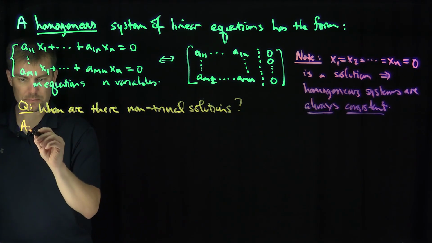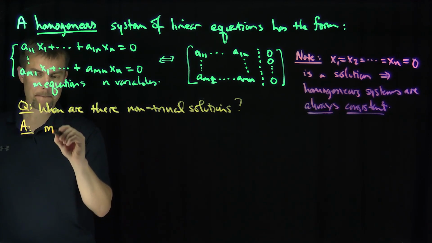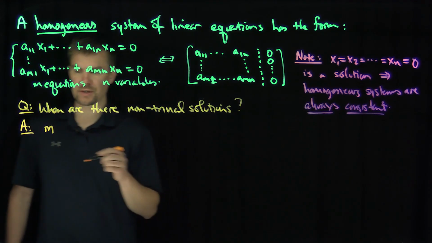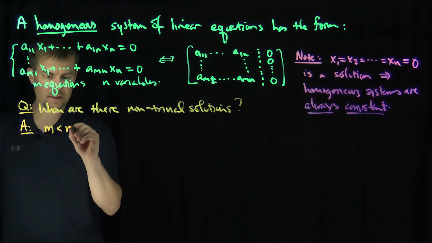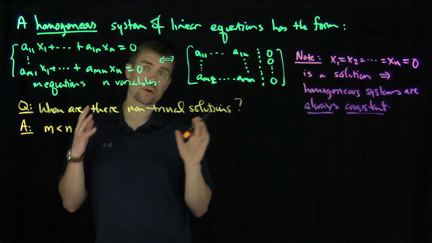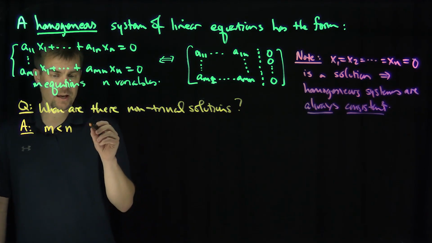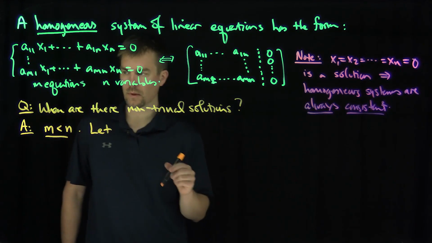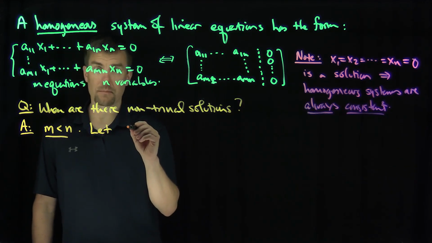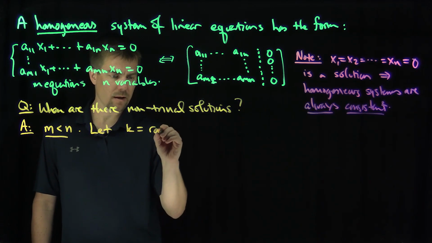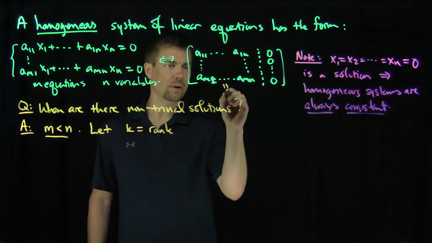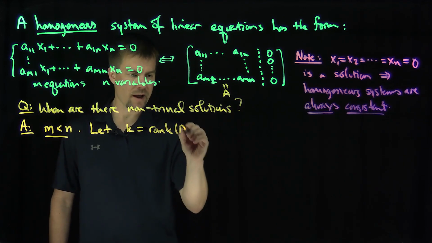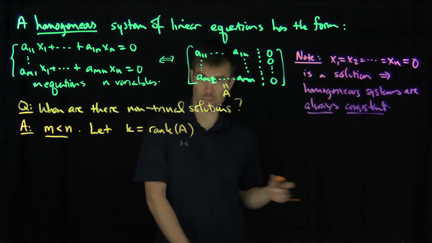Let's suppose that m, the number of equations, is strictly less than the number of variables n, so equations are less than variables. Then let k be the rank of A, calling this matrix A, the number of leading ones.